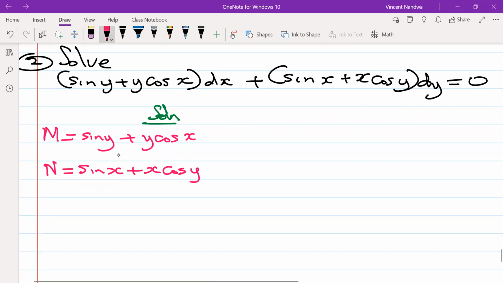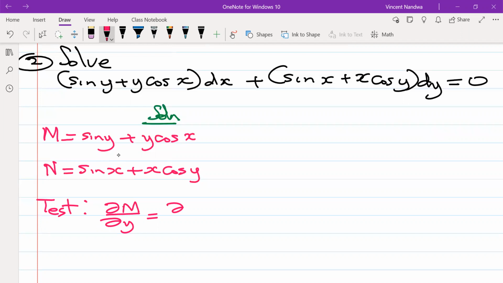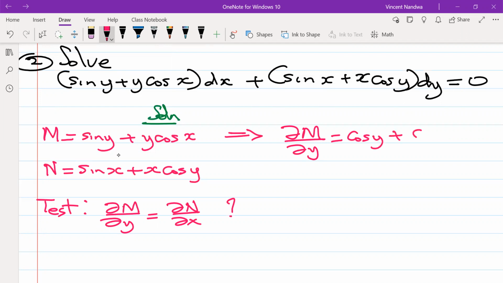So the test is to show that partial M partial y is partial N partial x. So from this, partial M partial y is given by cosine of y plus cosine of x.